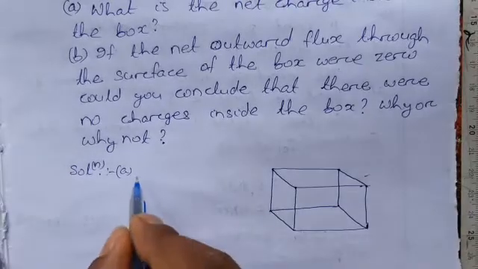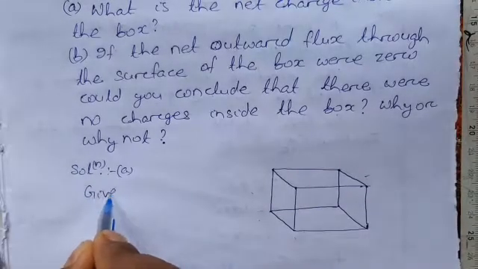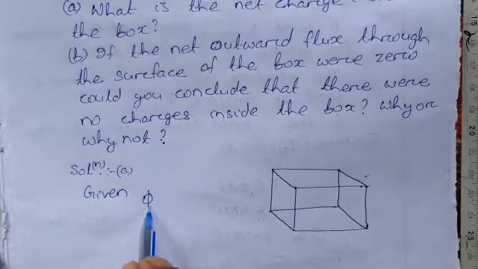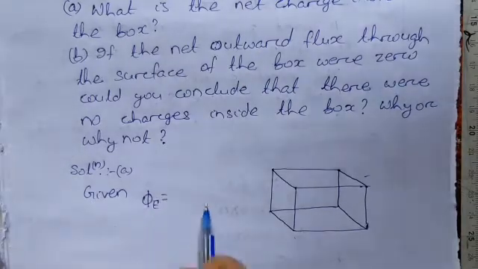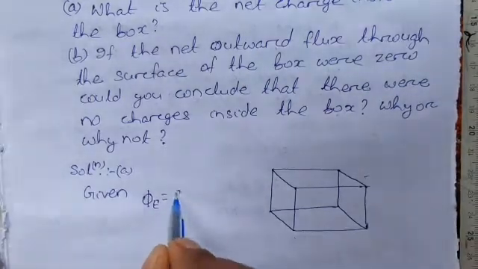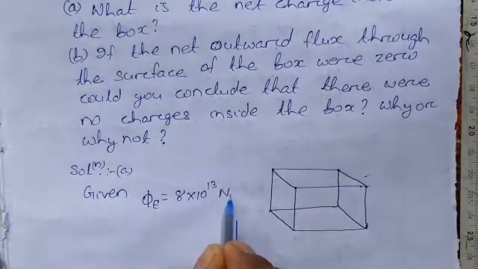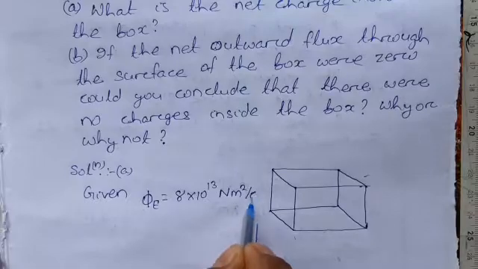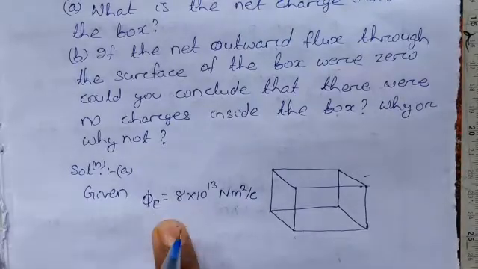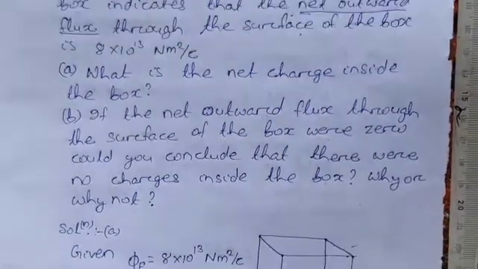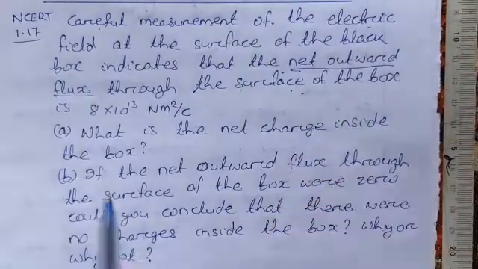So I will write first, given phi suffix e equal to 8 into 10 to the power 13 Newton meter square per coulomb. First, this is the flux through the surface of the box.